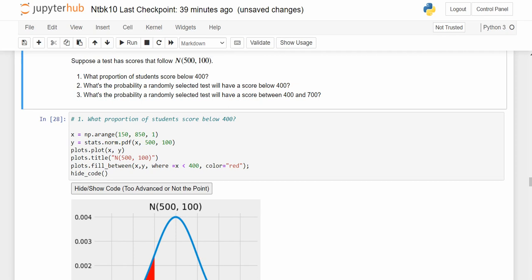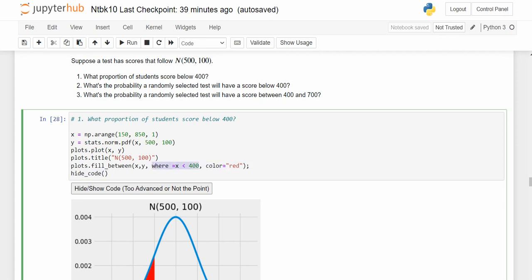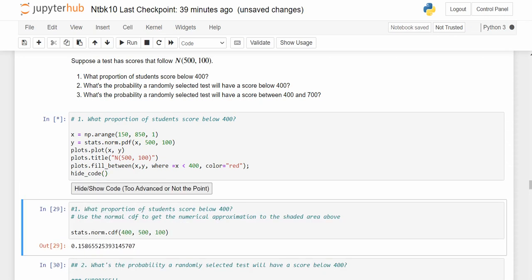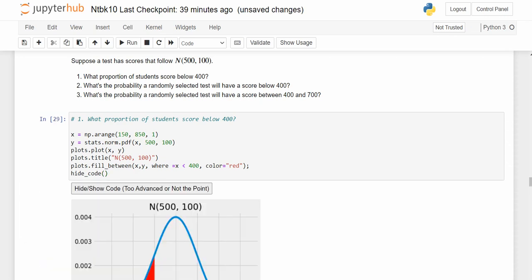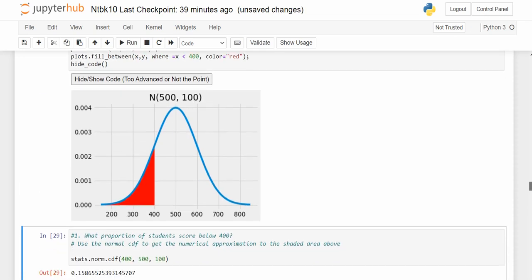So what percentage of students score below 400? Notice that we're using where x is less than 400, color it red, and there you go. Let me move this up where you can see it.